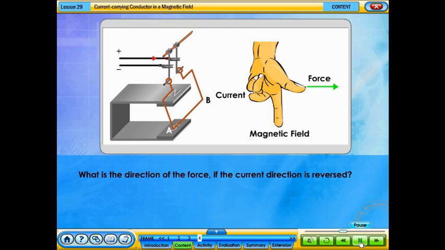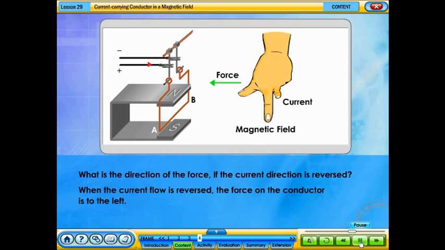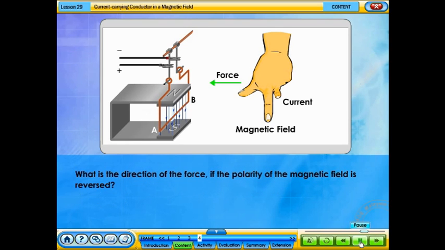What is the direction of the force if the current direction is reversed? When the current flow is reversed, the force on the conductor is to the left. What is the direction of the force if the polarity of the magnetic field is reversed?